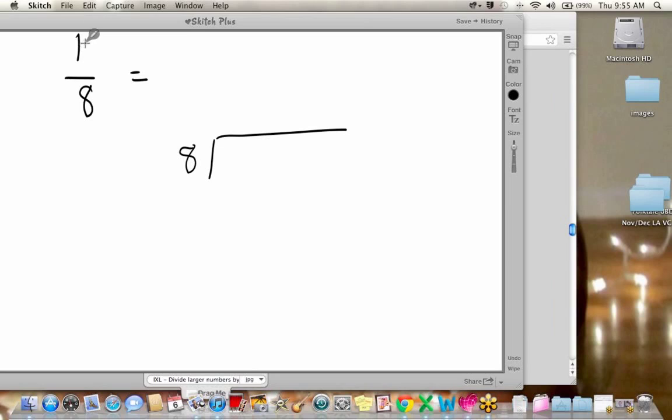You always put whatever's on top underneath the house. So obviously I can't put an 8 into a 1, so I'm going to have to add a decimal and some zeros. Now you can actually do the division problem and figure out what the equivalent fraction and decimal format are. So go ahead and work out this division problem for a couple minutes.